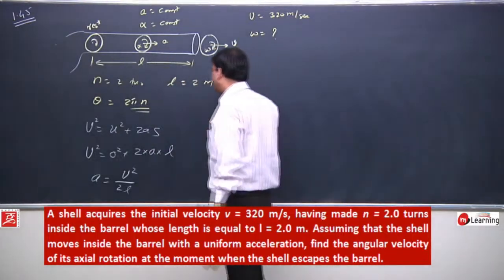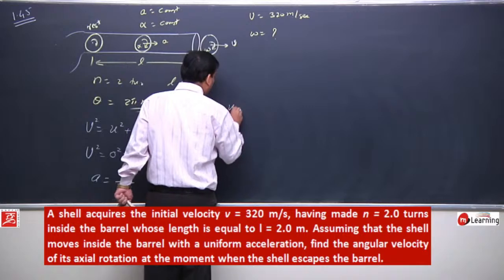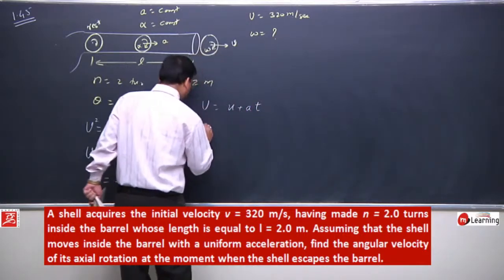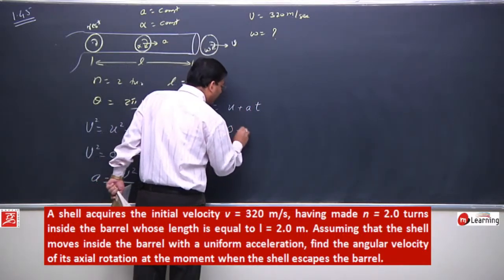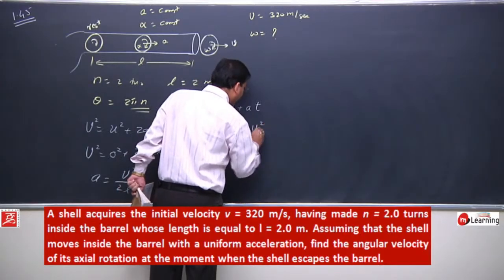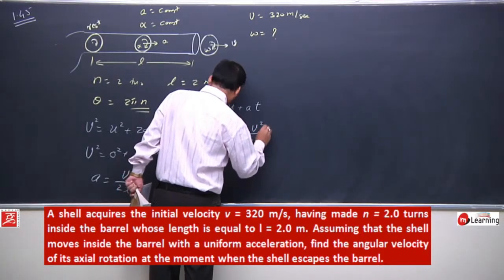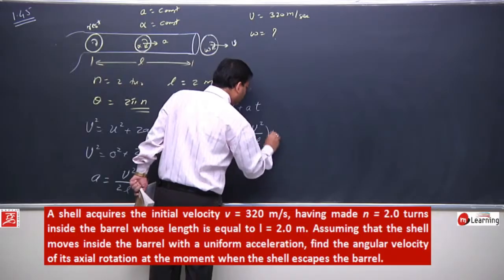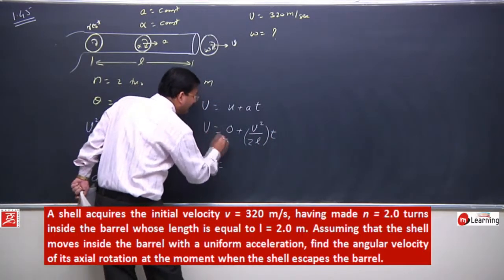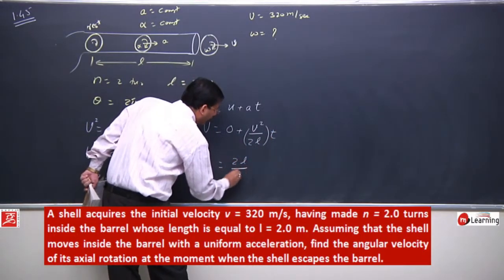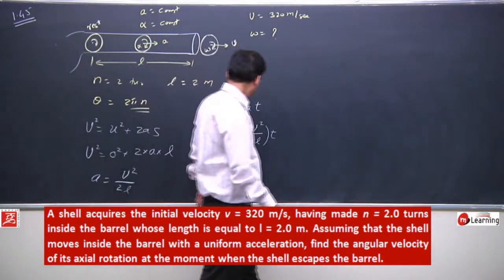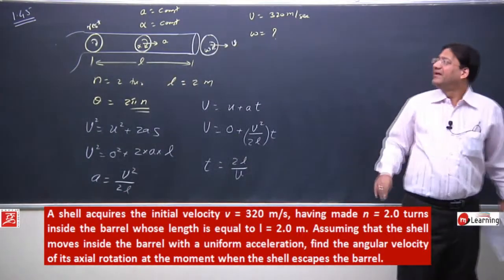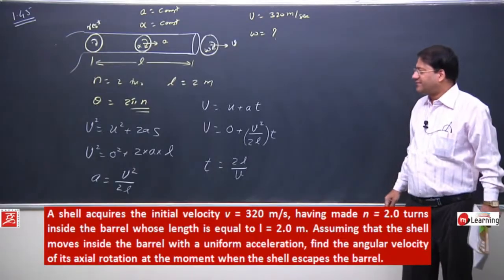I can determine time. v is equal to u plus at. For v I will write v, u is 0, acceleration v square by 2L into time. So time is 2L by v.